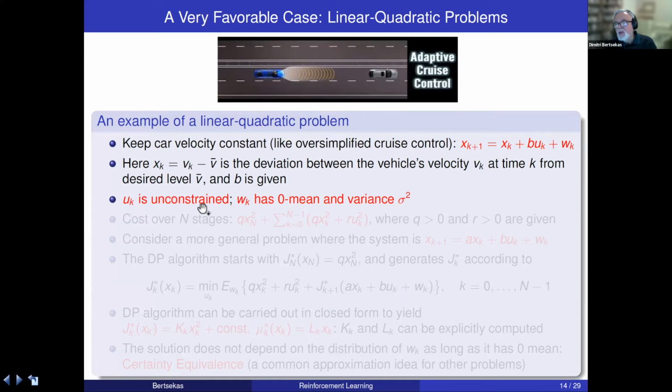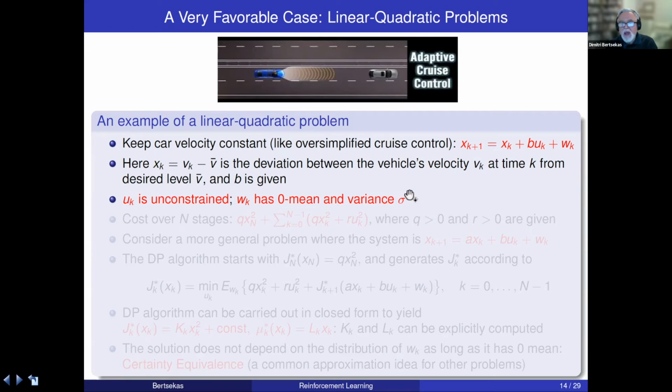We assume that the control is unconstrained. In reality, it is not, but we'll assume it's unconstrained, and we're going to solve the problem and check whether the constraints are violated or not. And we also assume that w_k, the disturbance, has zero mean and some variance, sigma squared. This is a very simple problem.